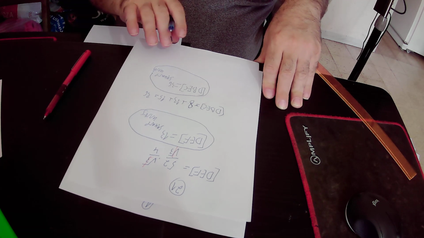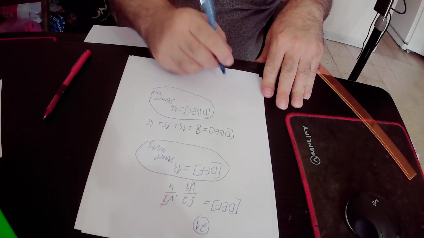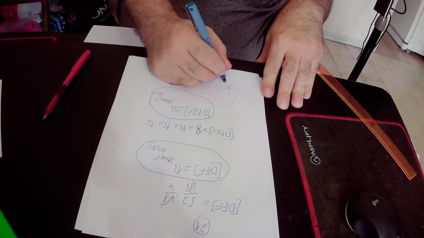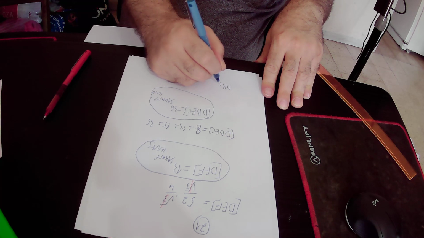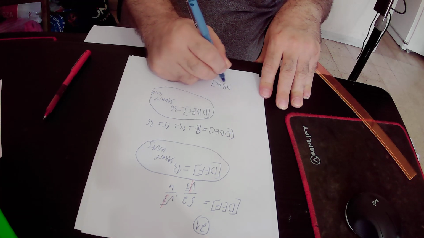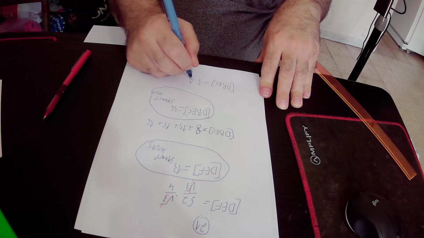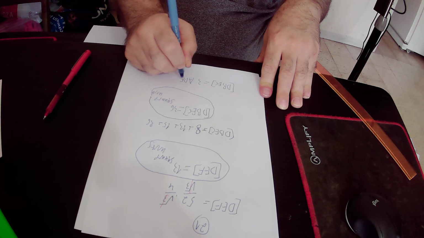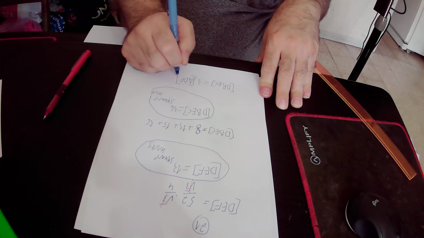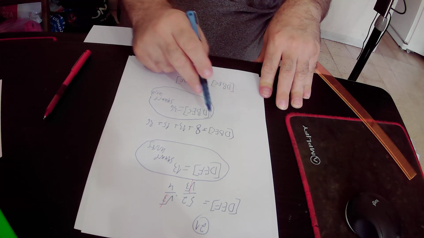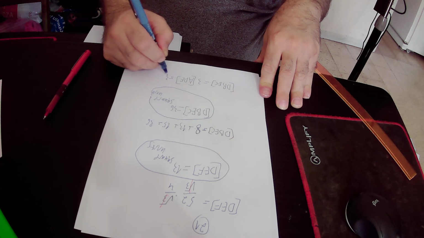But we have already found out that the area of quadrilateral DBEC equals to 3 times the area of triangle ADE. And we found also that the area of DBEC equals to 36 square units.